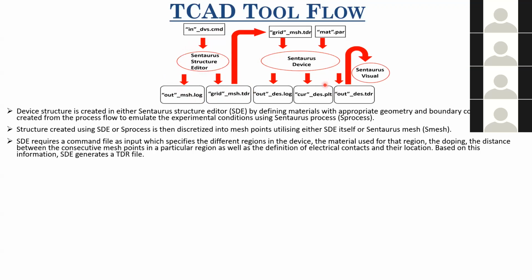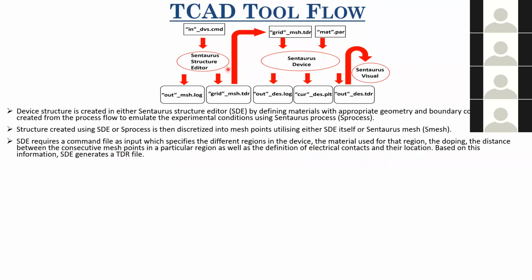The structure editor gives you an output file in the form of a TDR file. That TDR file consists of information about different regions of the device, the materials used in the different regions, the doping of the different regions, and the distance between consecutive mesh points.